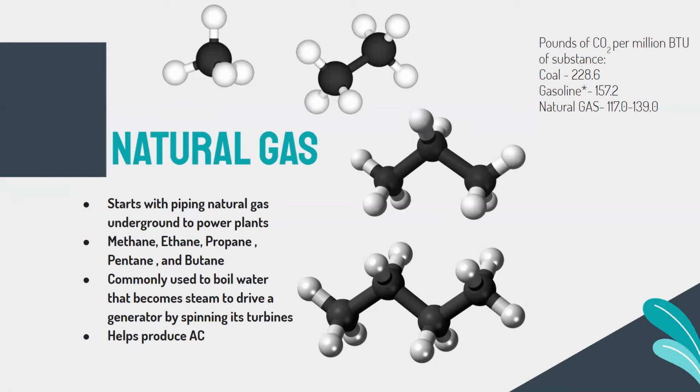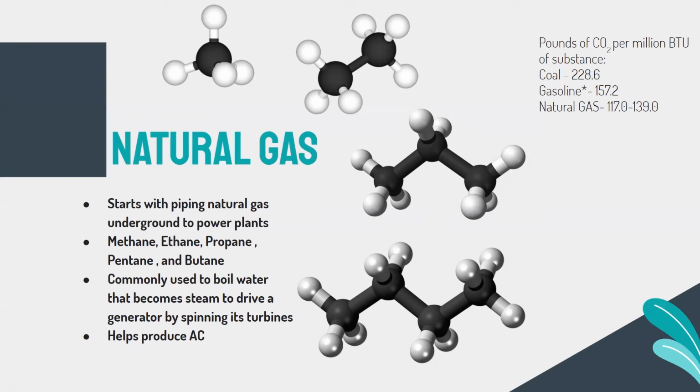It's not too far off from the numbers. If you see gasoline 157.2, the max of natural gas being 139.0, although it has less emissions, this is not somewhere we want to go in the future, but it could also be seen as a stepping stone. But truthfully, we want to get to renewables and carbon negativity as soon as possible.